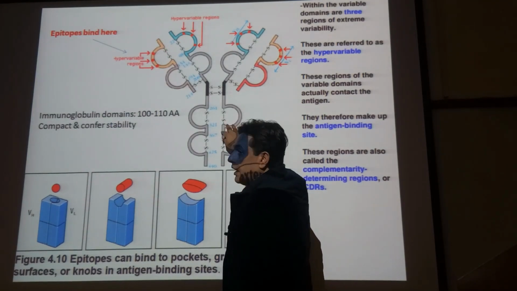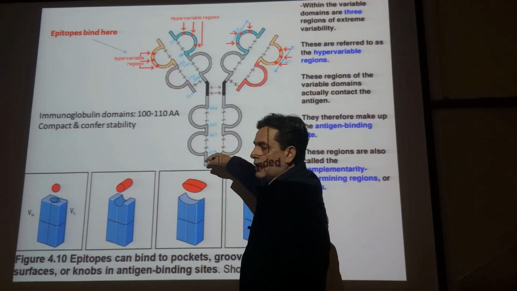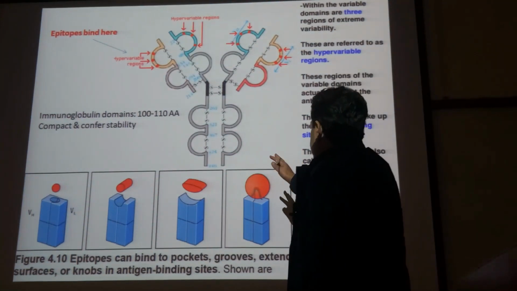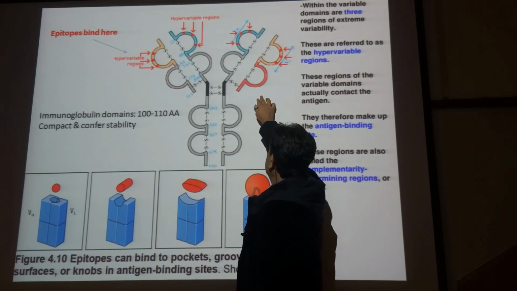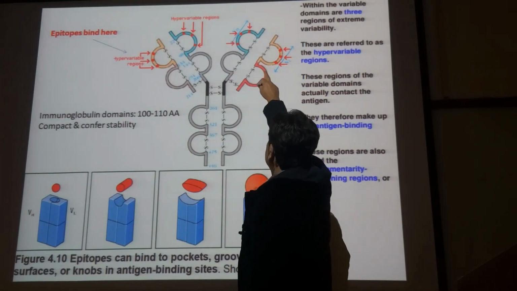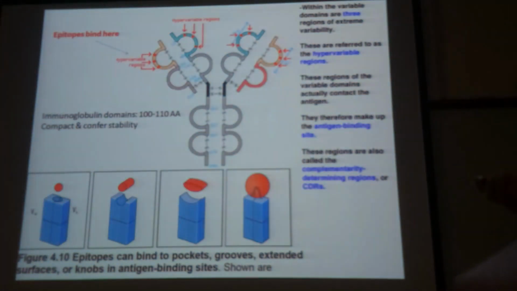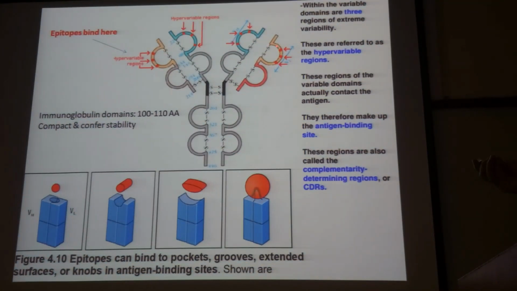This is again a different representation of the same thing. This is a heavy chain and this one is a light chain, and those two are the variable regions. So the hypervariable region is found in case of the light chain and the heavy chain. Both of them have hypervariable regions.